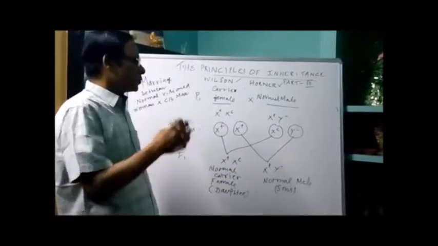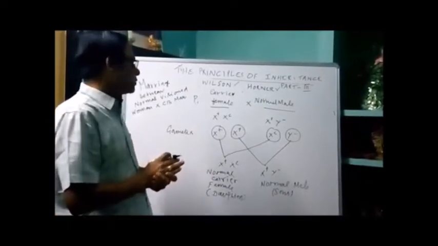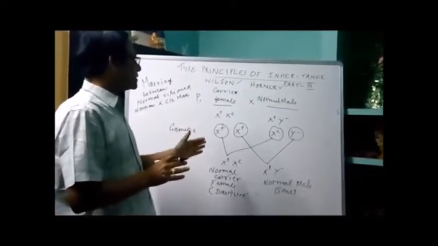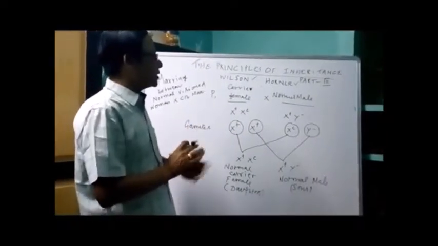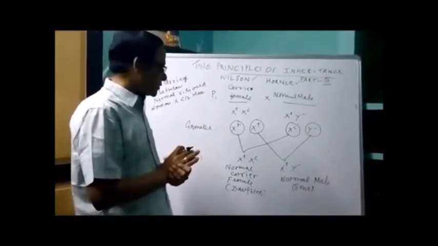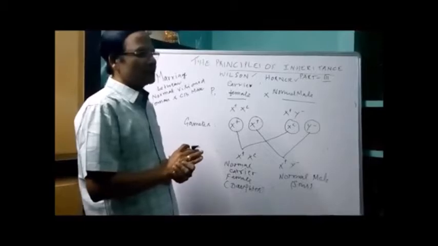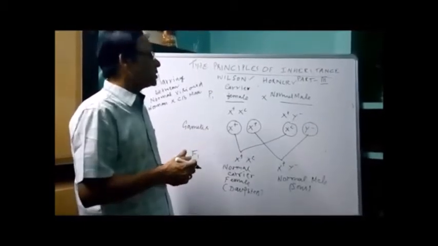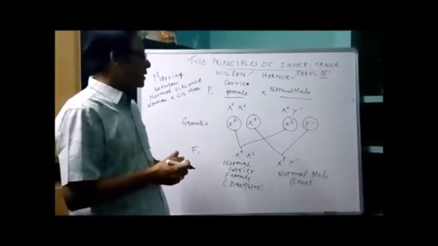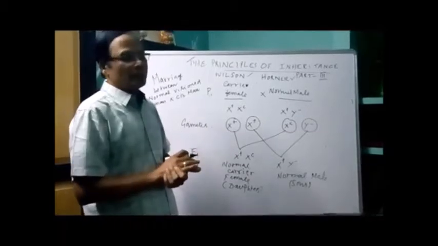That means 3 tall, 1 dwarf. Likewise here, if marriage occurs between carrier female and normal male, we receive in the F2 generation, the next generation, 3 normal vision and 1 colorblind.